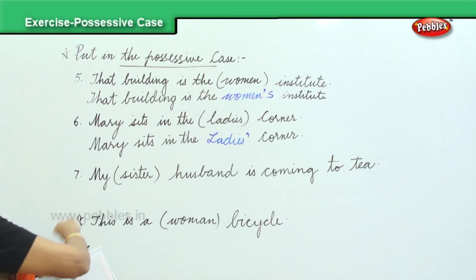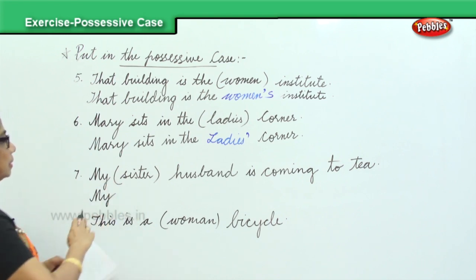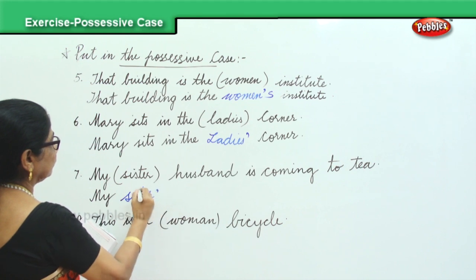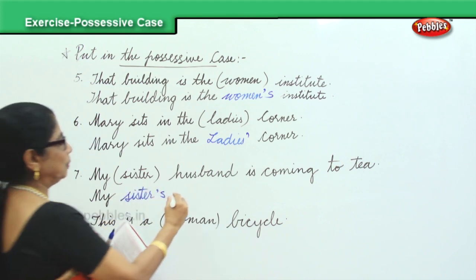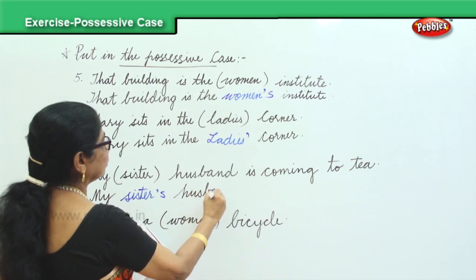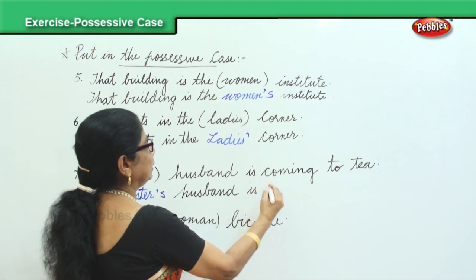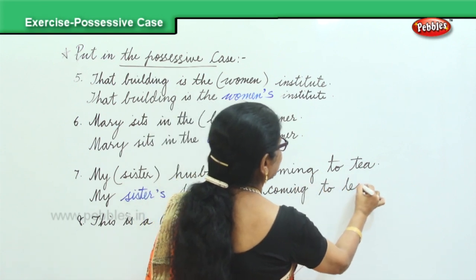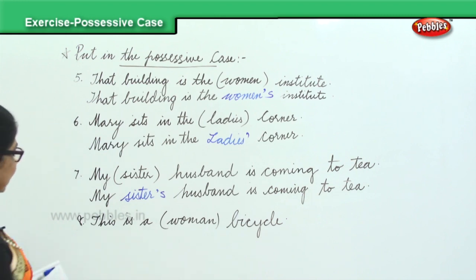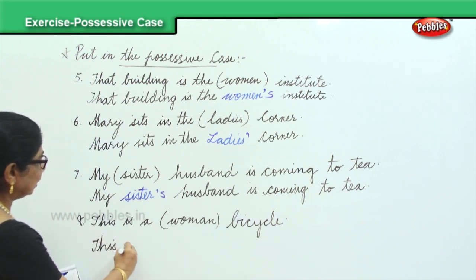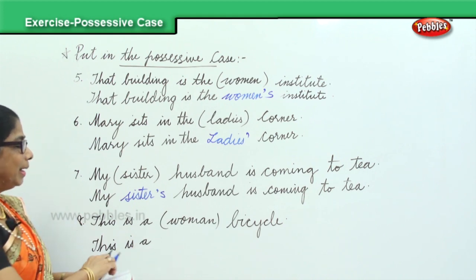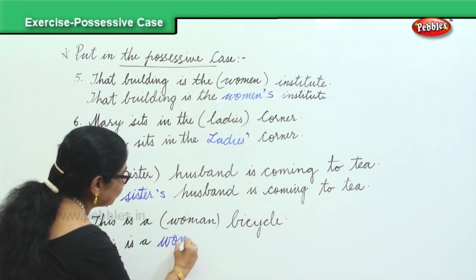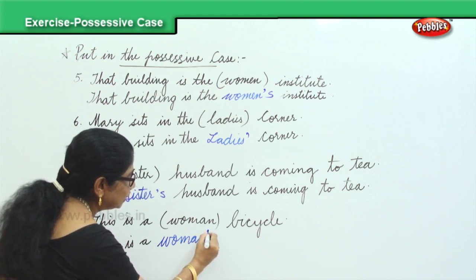My sister, husband. So you will write my sister's husband is coming to tea. And then we have this is a woman, singular it is. This is a woman's bicycle. Woman, apostrophe, woman's bicycle.